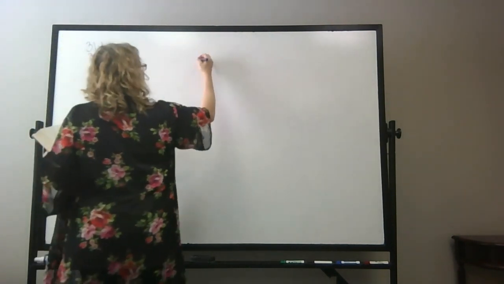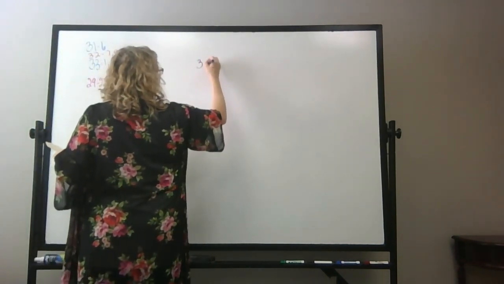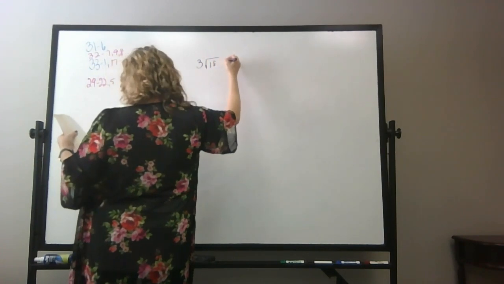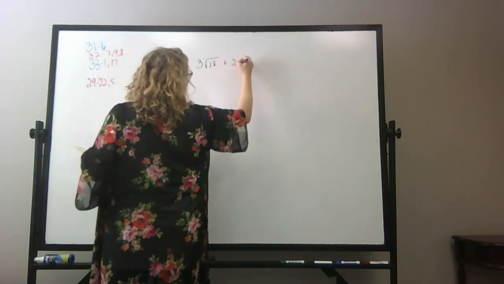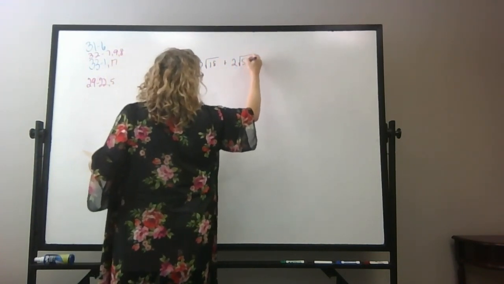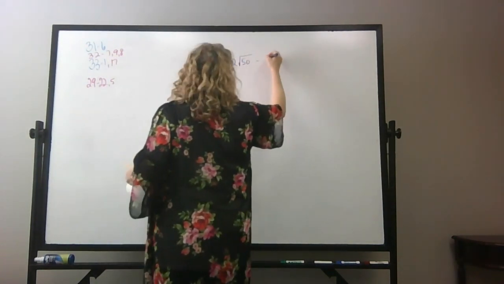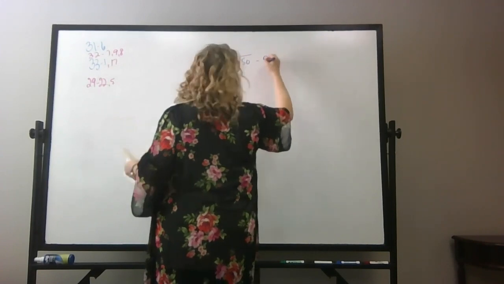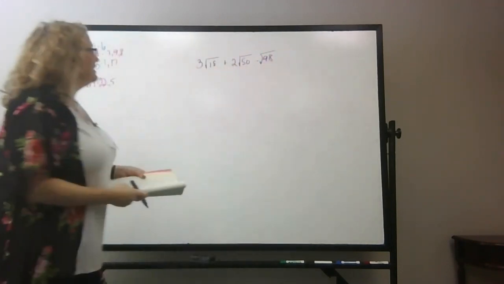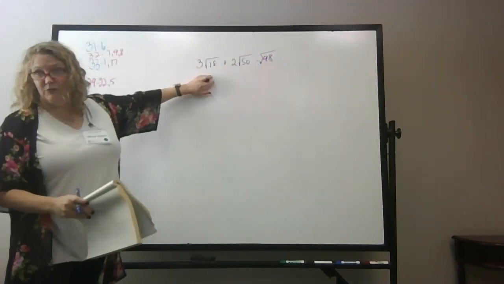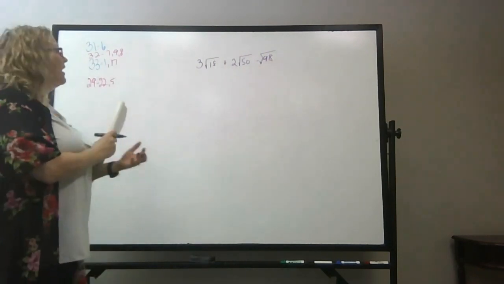So you've got 3 root 18 plus 2 root 50 minus root 98. Okay, so we need to see where we have square roots in here that we can factor out.